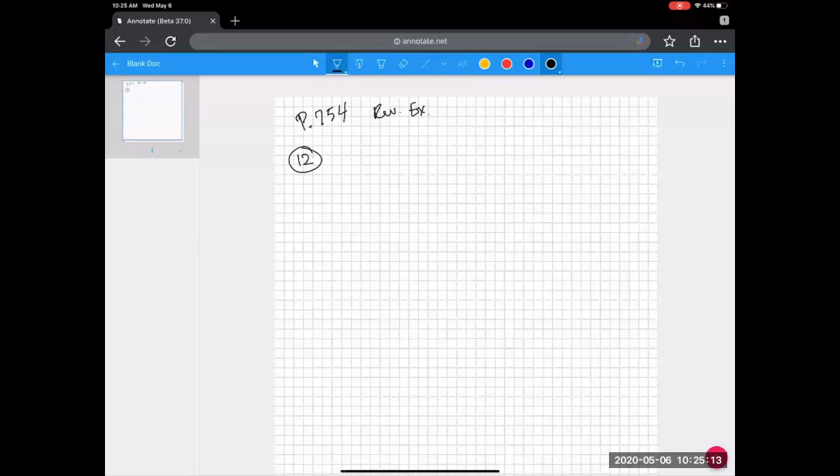Okay, so in number 12, it says we want to have parametric equations for the upper half of the ellipse x squared over 9 plus y squared over 4 equals 1.